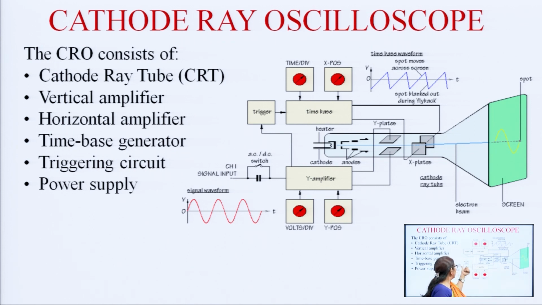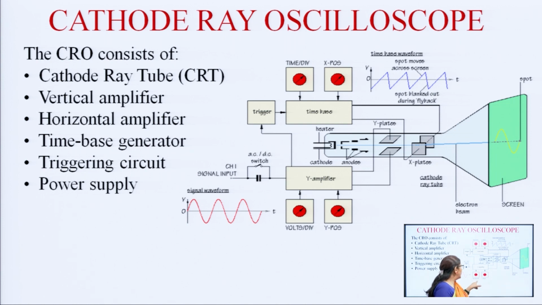So, the input signal is provided by the probe to the Y deflection system, that is the vertical deflection system, and in this system we can control the position of the waveform on the screen by providing DC biasing. By varying the DC biasing we can change the position of the waveform in the Y direction.